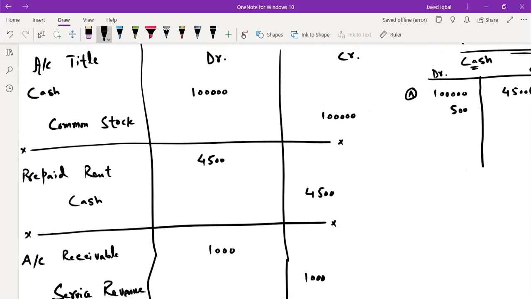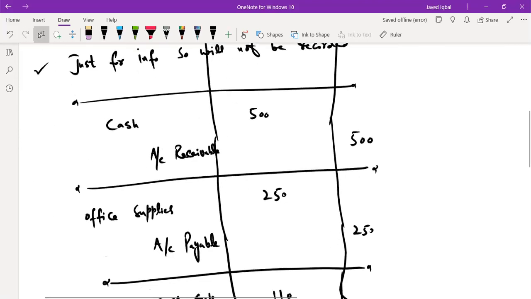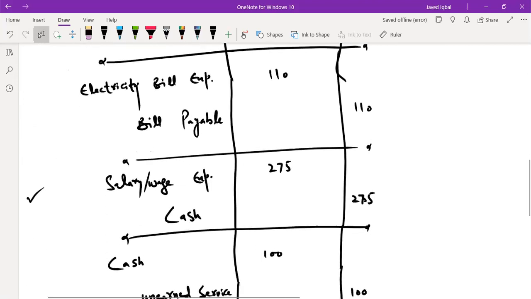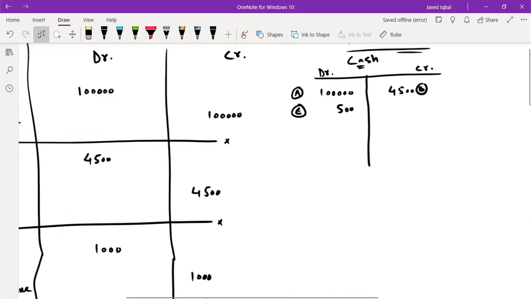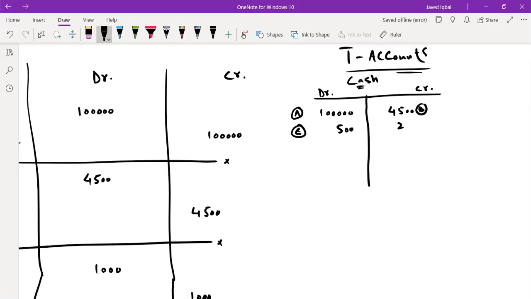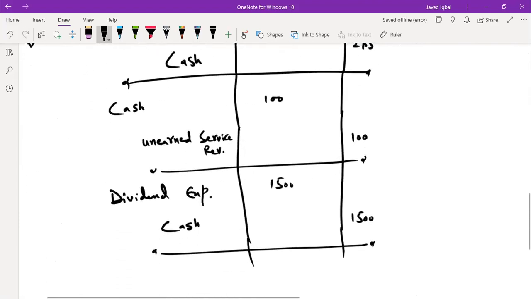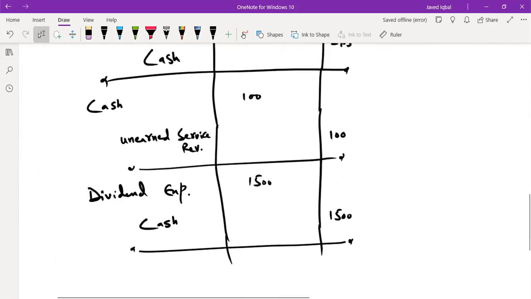So we write 500, and this was the fifth transaction, meaning E. Moving on, you don't have any cash transaction until H, where you pay salaries of 275. After H, in I we receive 100, and in J we pay 1500, right?